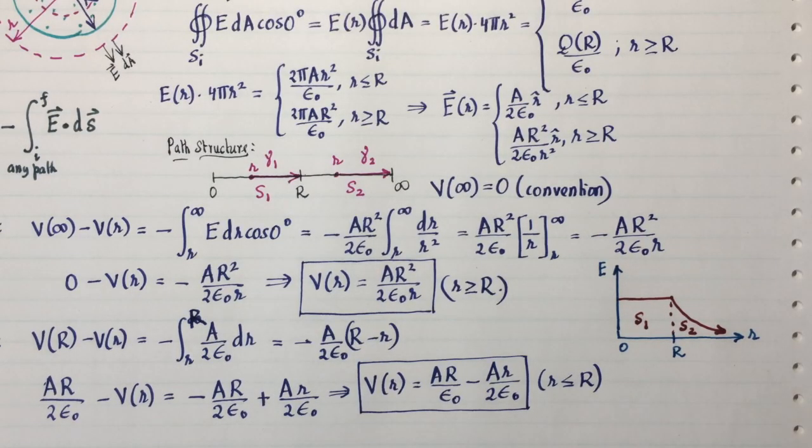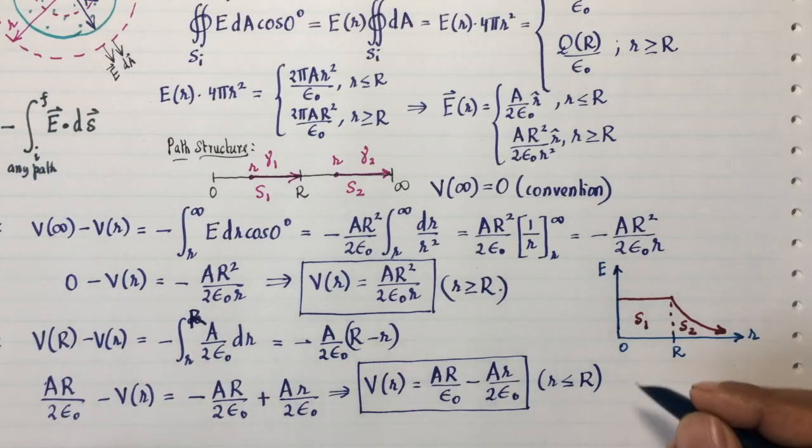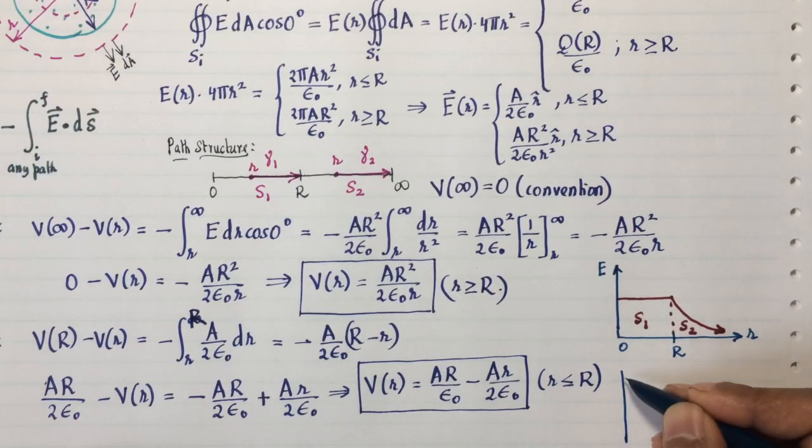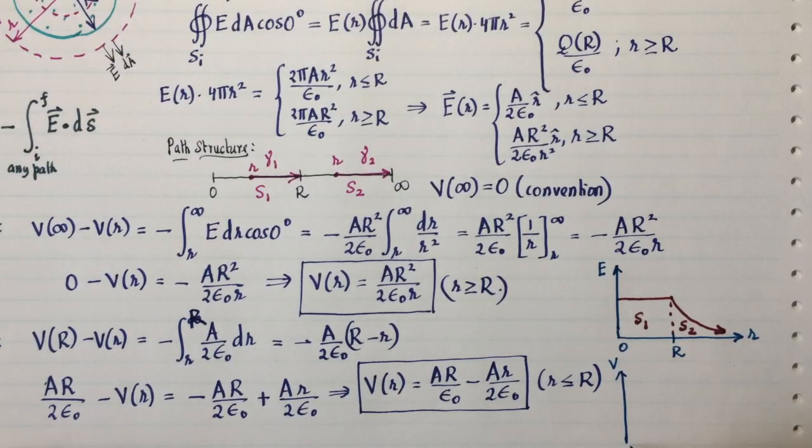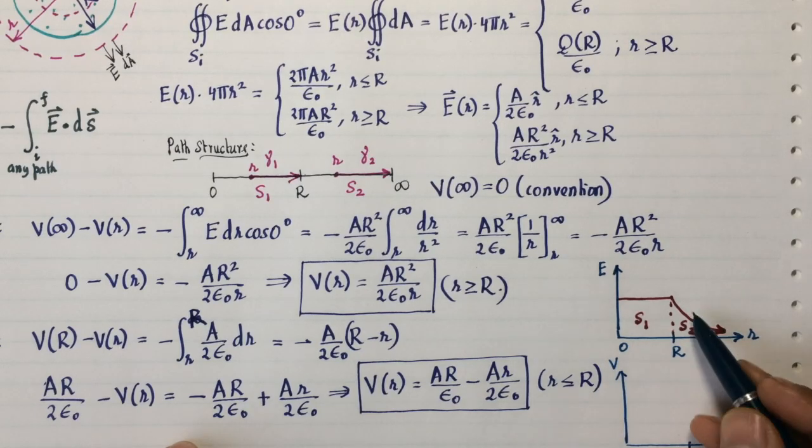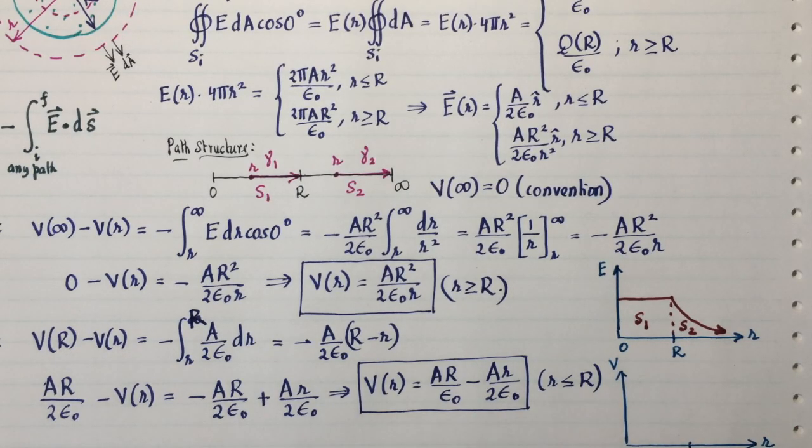Now what happens when you do the potential? When you plot the potential, the potential goes off as 1 over r outside, so that is barely distinguishable from 1 over r squared. It's another decaying curve. But inside is what concerns me.